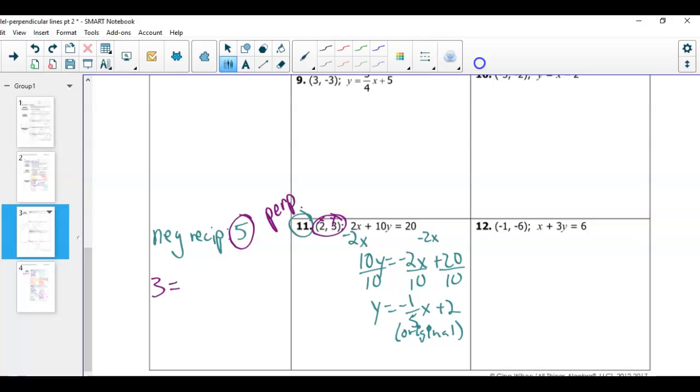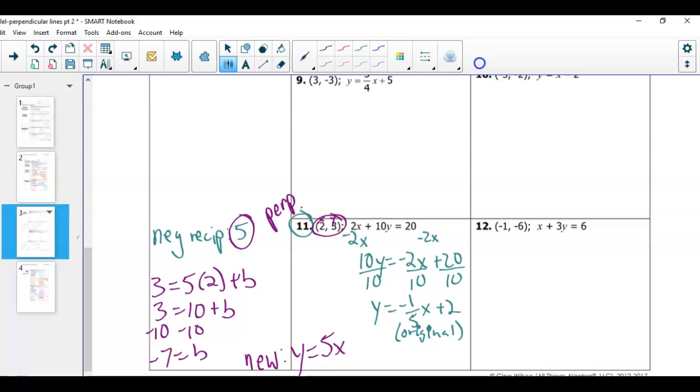So 3 equals 5 times 2 plus b. Subtract 10 from both sides. We're left with -7 equals b. So our new equation is y equals 5x minus 7.